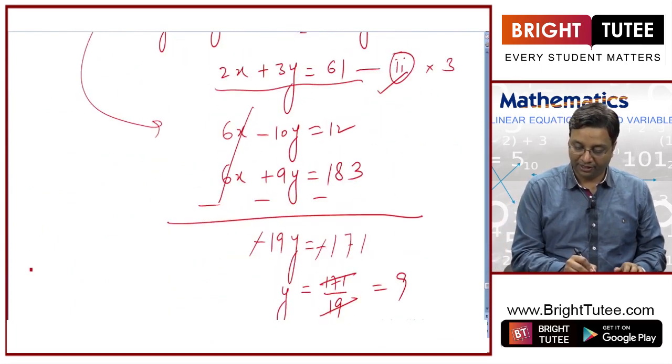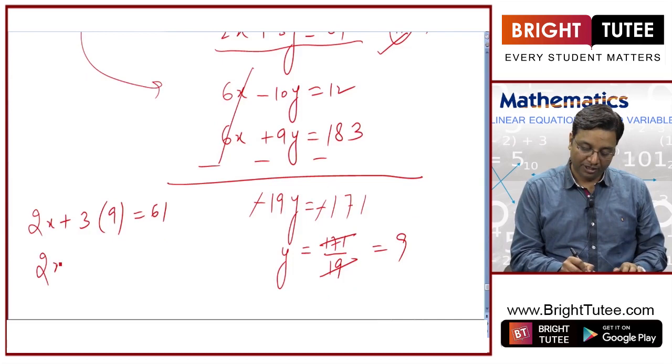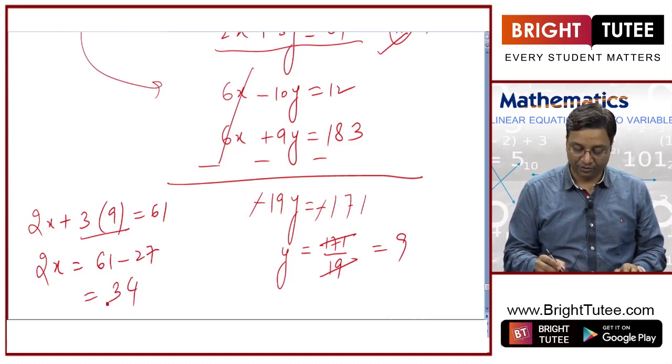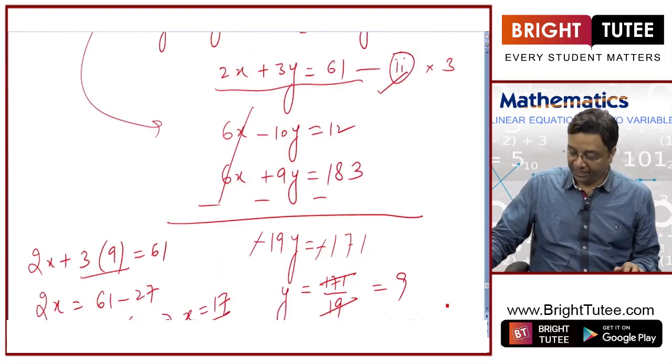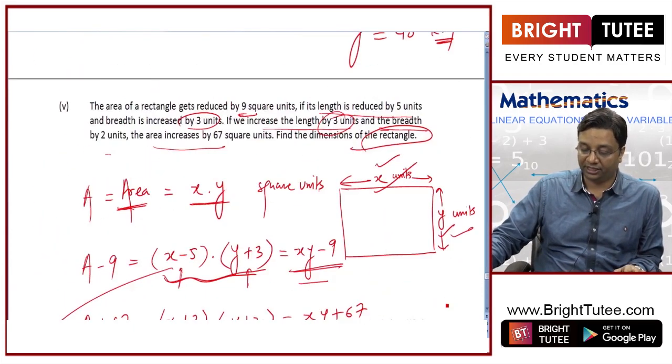So 2x plus 3y equal to 61. 2x plus 3 into 9 is equal to 61, which means 2x is equal to 61 minus 27, that is 34. That gives me x equal to 17 units. So the length is 17 units and breadth is 9 units. This is your answer for the dimensions of this rectangle.